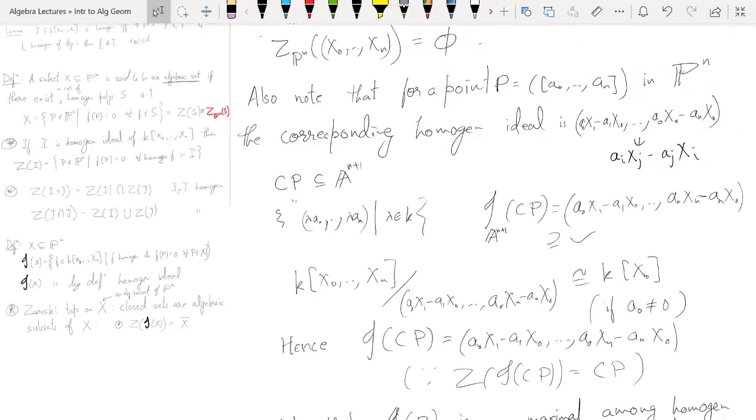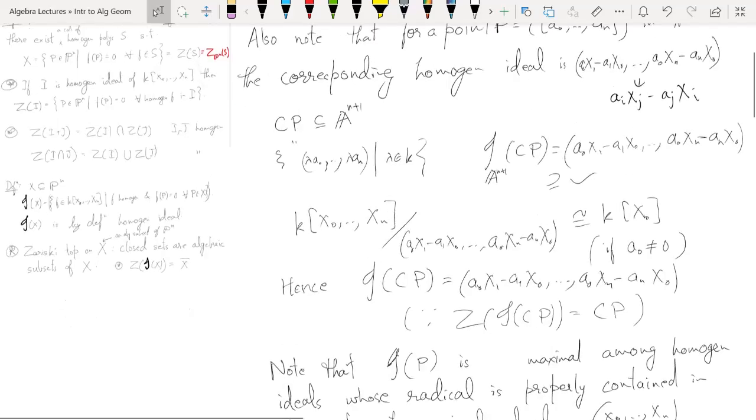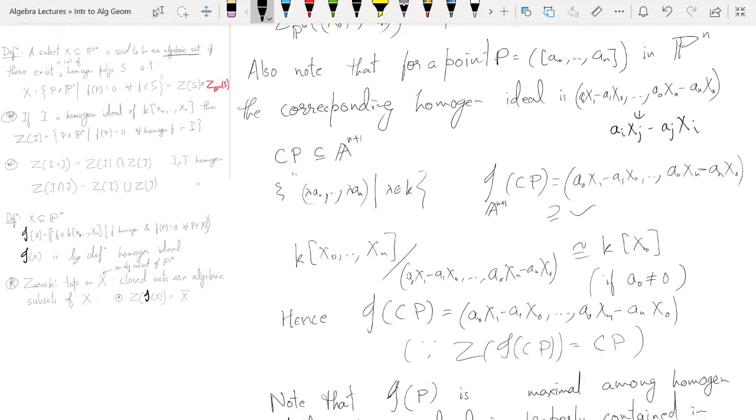So C_P, in other words the cone over this point P, is given by the (n+1)-tuples (λa0, ..., λan), where λ is any arbitrary element of K. So what is I(C_P)? We basically want to show that the ideal of definition of this line is this one.